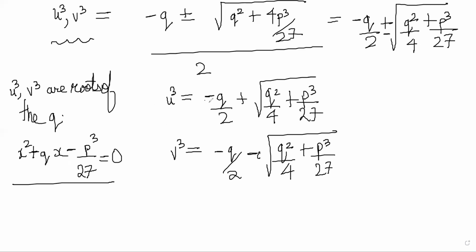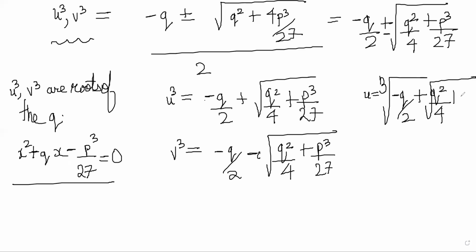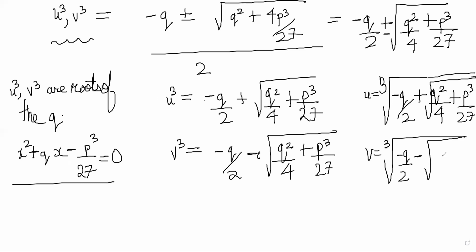So at this stage, he just takes cube roots. So u will be the cube root of minus q by 2 plus root of q square by 4 plus p cube by 27, and v will be the cube root of minus q by 2 minus root of q square by 4 plus p cube by 27, right?